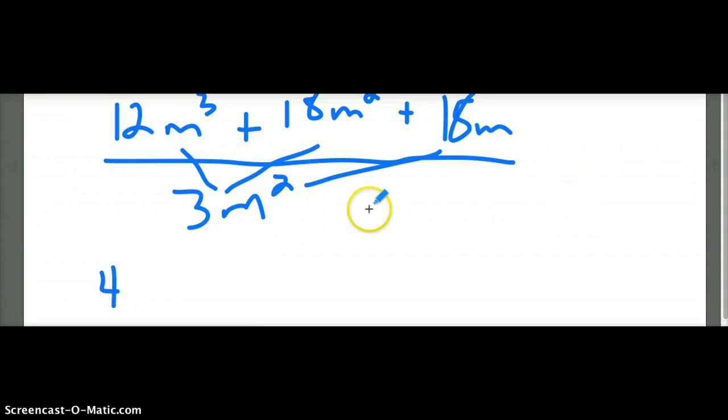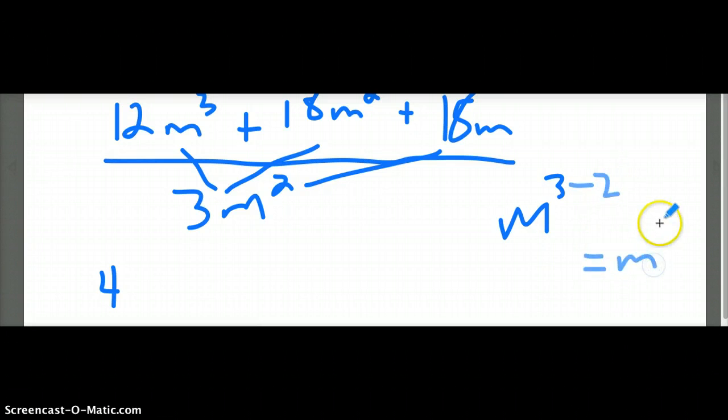Here what that means is we're taking m cubed and subtracting the 2. So we end up with m to the 1, or just m. So we have 4m plus 18 divided by 3 gives us 6. M to the 2 minus 2 gives us 0, so that's just 6.